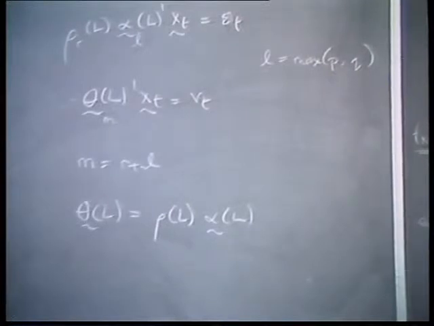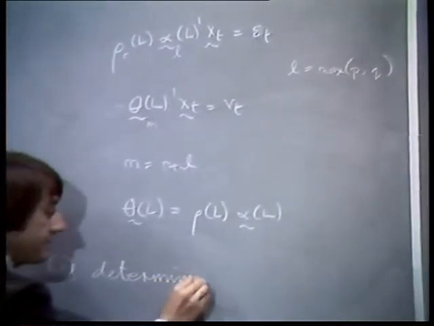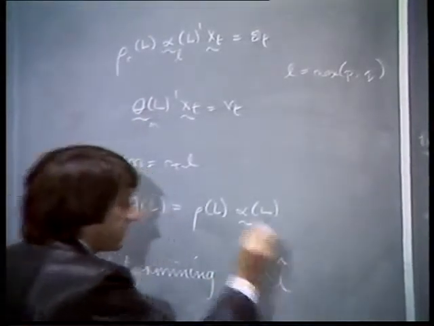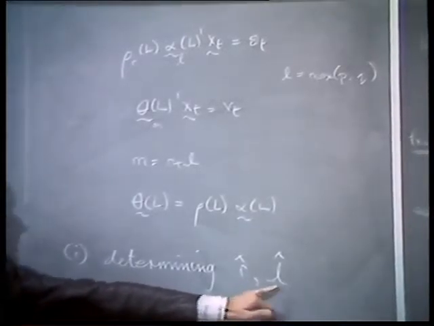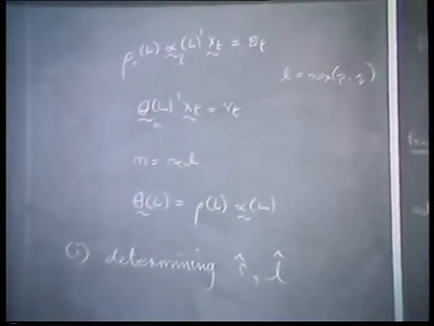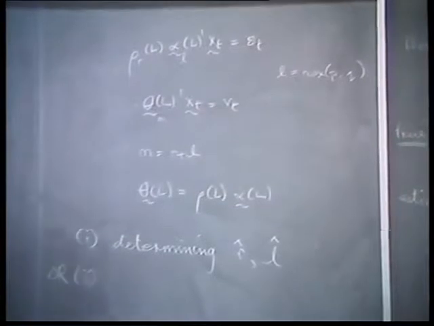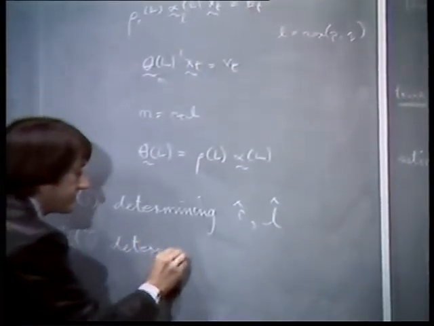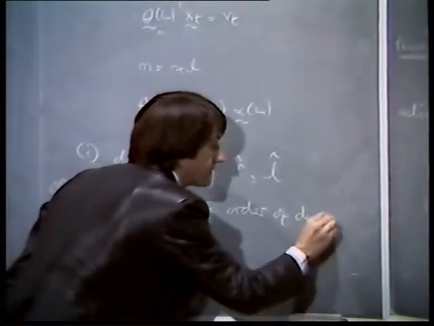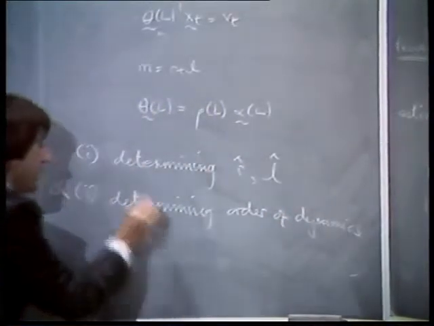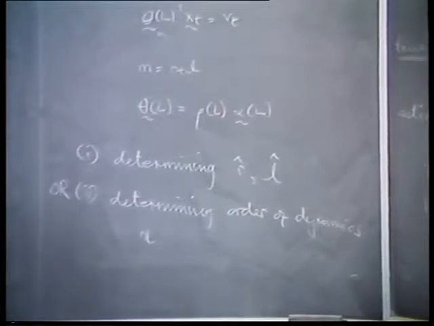And so our problem is now one of determining empirically the orders of the error dynamics, which are autoregressive errors, and systematic dynamics, which are the lags in alpha of L. We could equivalently say that the problem is one of determining the order of dynamics, which is m, and then we want to break that order of dynamics into error dynamics and systematic dynamics.